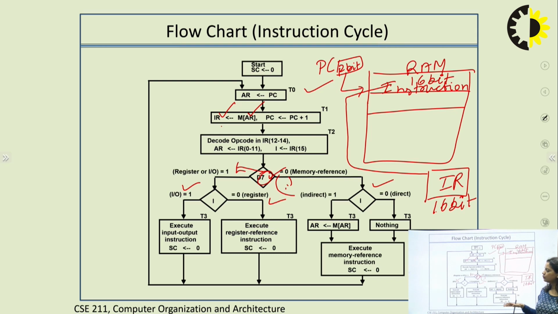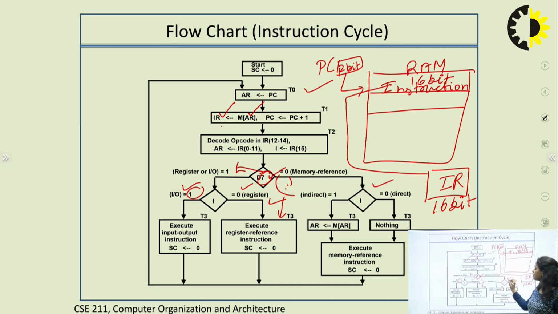When we come to know whether it is a register reference, input output reference or memory reference, further decisions will be taken on the basis of the mode bit. If the value of the mode bit, that is bit number 15 in the IR register, is 1, then it is an input output reference instruction. And if it is 0, then it is a register reference instruction.